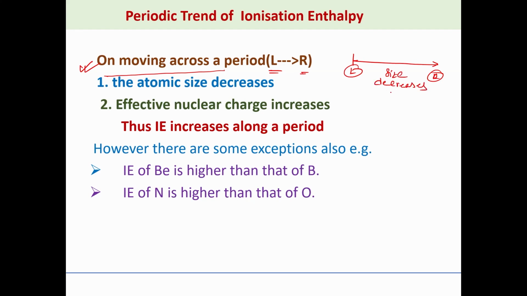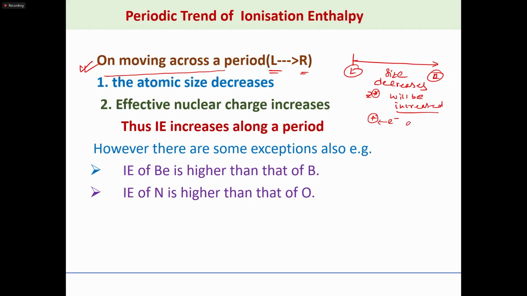When the size decreases, the effective nuclear charge will increase. When it increases, the attraction between the nucleus and the electron will increase.